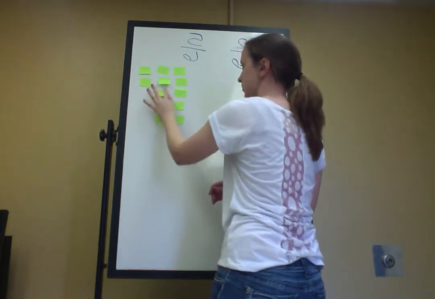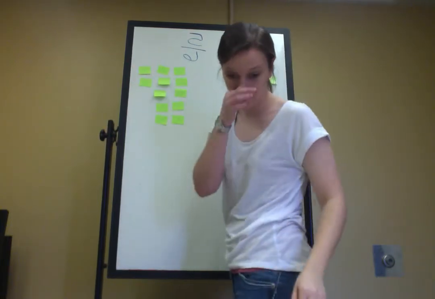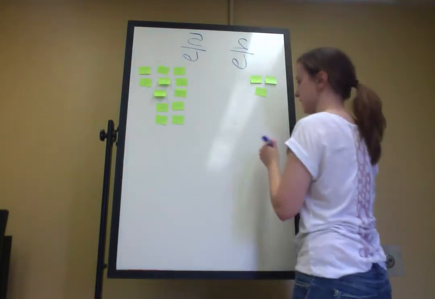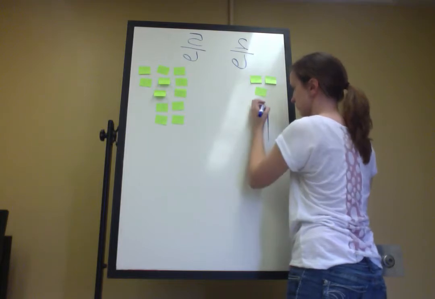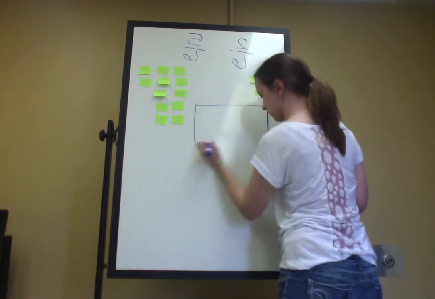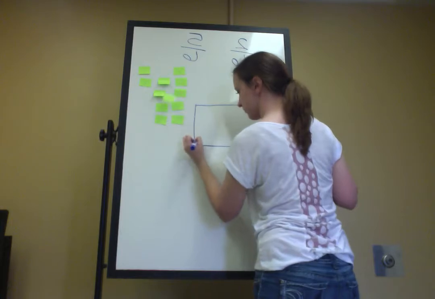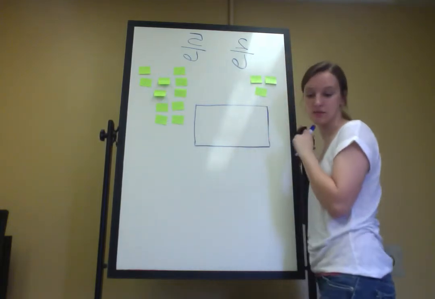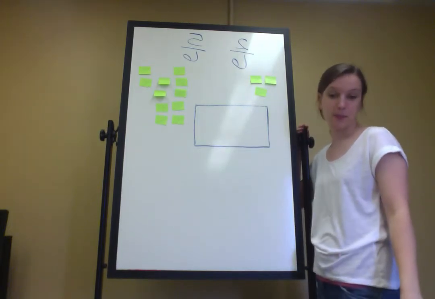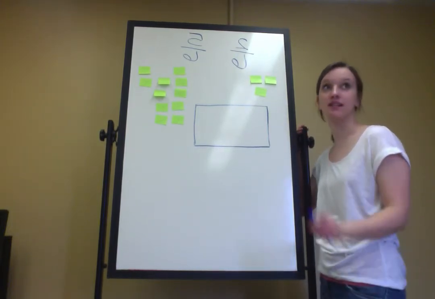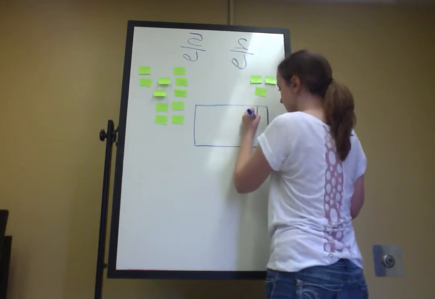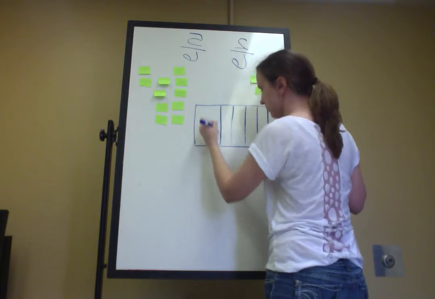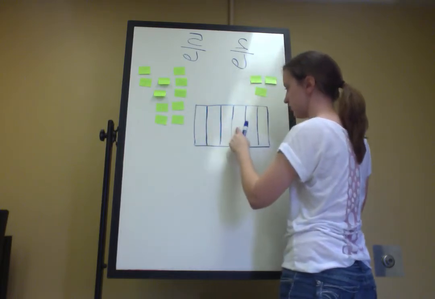Okay, let's see who is right. To do this, let's draw a picture. Let's draw a rectangle. Now, how many pieces am I going to divide this into? 6, right? 1, 2, 3, 4, 5, 6.